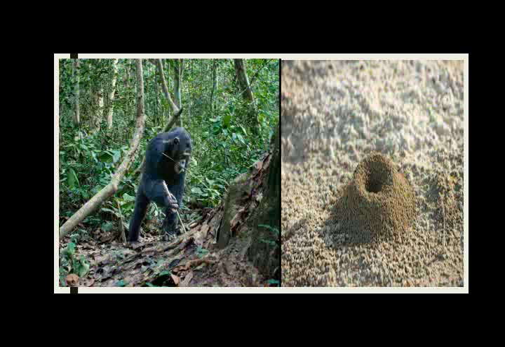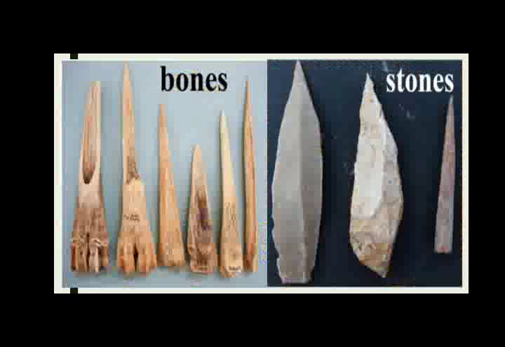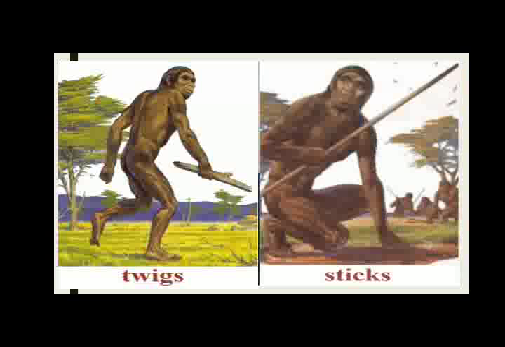Similarly, humans too have always been using tools such as bones, stones, dried twigs and sticks to carry out different tasks. Humans use these sticks to dig something and use stones to hit something. So human beings are also using tools for different needs. Next, girls, who is the most intelligent of all animals?